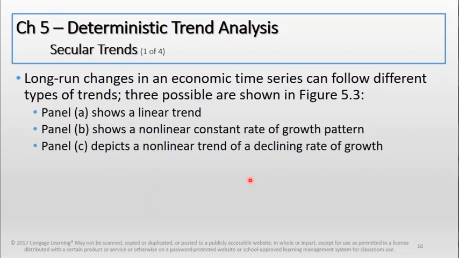So next we have the secular trends, wherein again they refer to long-run changes in an economic time series and can follow different types of trends. So it can either be a linear trend, a non-linear trend which follows a constant rate of growth pattern, and a non-linear trend of a declining rate of growth.